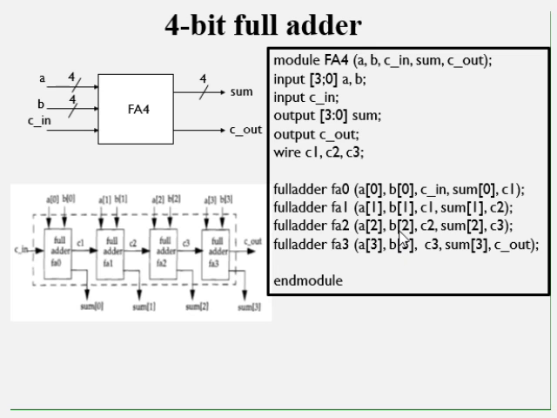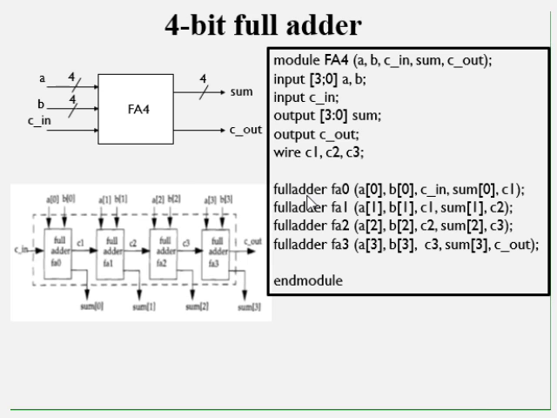So next you have to describe the full adder. Initially in gate level modeling, as in the previous examples we have seen, we just instantiated the primitive gates. Primitive gates are the ones which are predefined in Verilog, like and, or, not, nor, NAND, all these things.